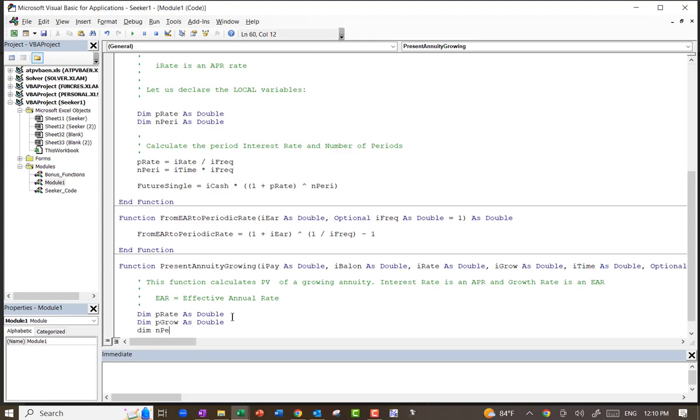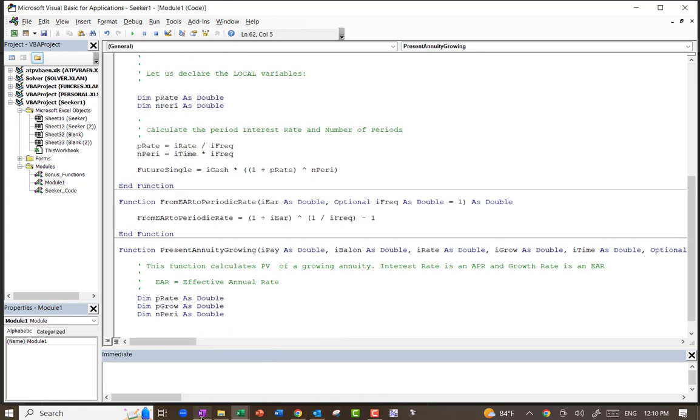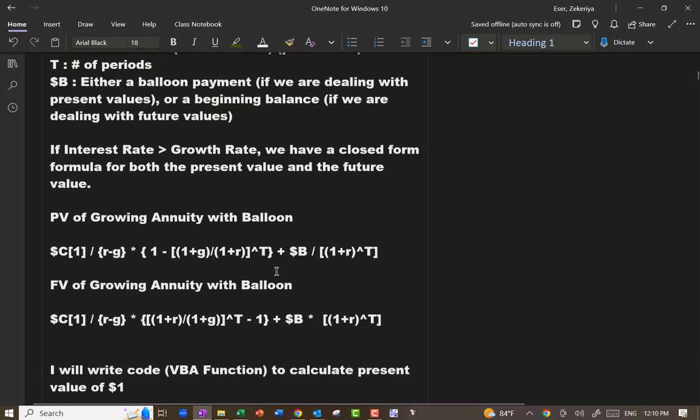You're probably saying, if that is the case, why didn't we make the arguments periodic? You have a point, but interest rates are almost always quoted as APR, and typically we think of growth rates as kind of annual numbers.